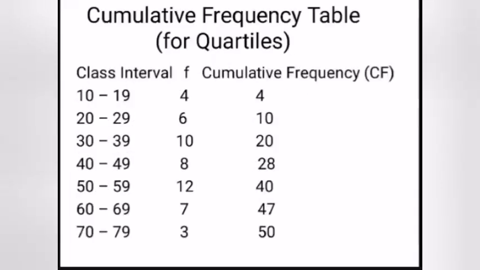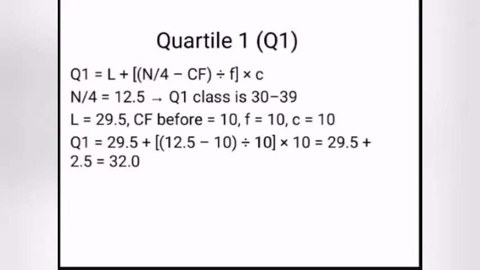I told you that finding quartile is the same formula as your median formula, but then we're going to divide by 4, not 2. Because remember, for the median we're dividing a data set into 2, but for quartile, we're dividing it into 4. So we're dividing by 4, not 2.